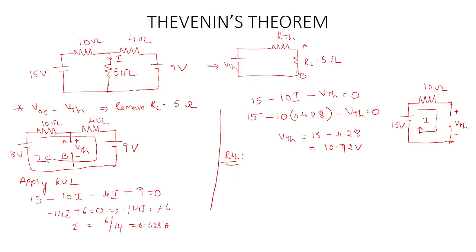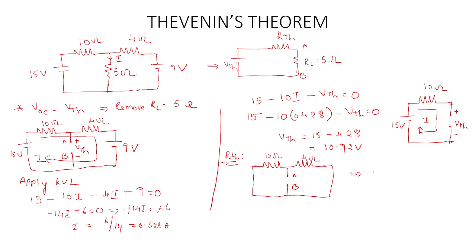Now to calculate R Thevenin, the second step is to calculate R Thevenin. So in order to calculate the R Thevenin, the voltage sources, if they are present in the circuit, have to be shorted. So 10 ohms, 4 ohms, and here it is open circuited. So this 15 volts is shorted, and here 9 volts is being shorted. So here we are having 10 ohms, and here we are having 4 ohms.